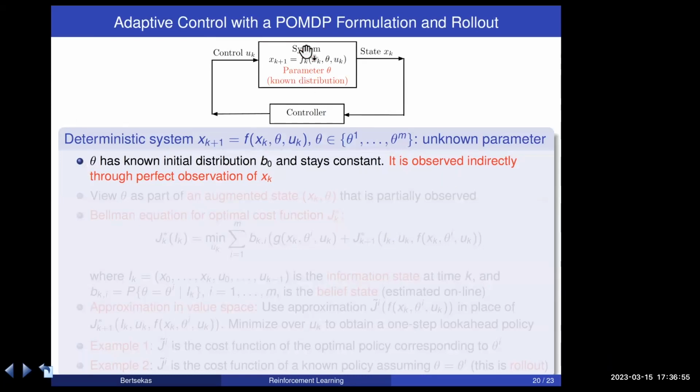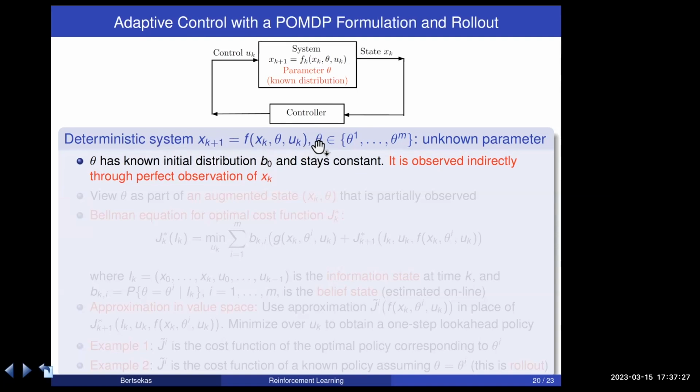This approach is based on POMDP, and I'm going to focus on a rollout type of algorithm. We start with a deterministic system that involves an unknown parameter vector theta. Notice that there's no wk. There is a corresponding analysis and algorithmic development for stochastic problems, but in this lecture, I'm going to focus on deterministic problems.